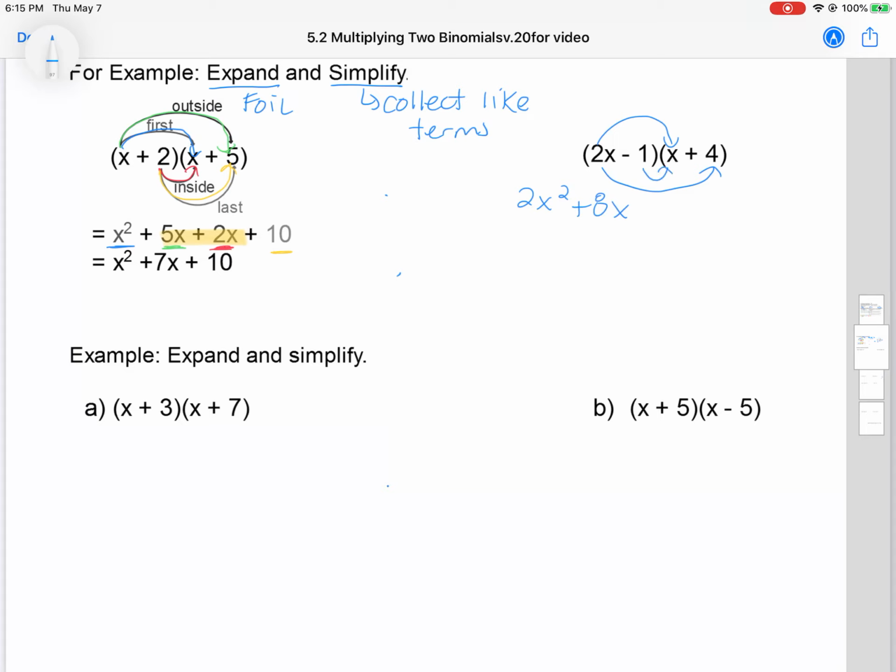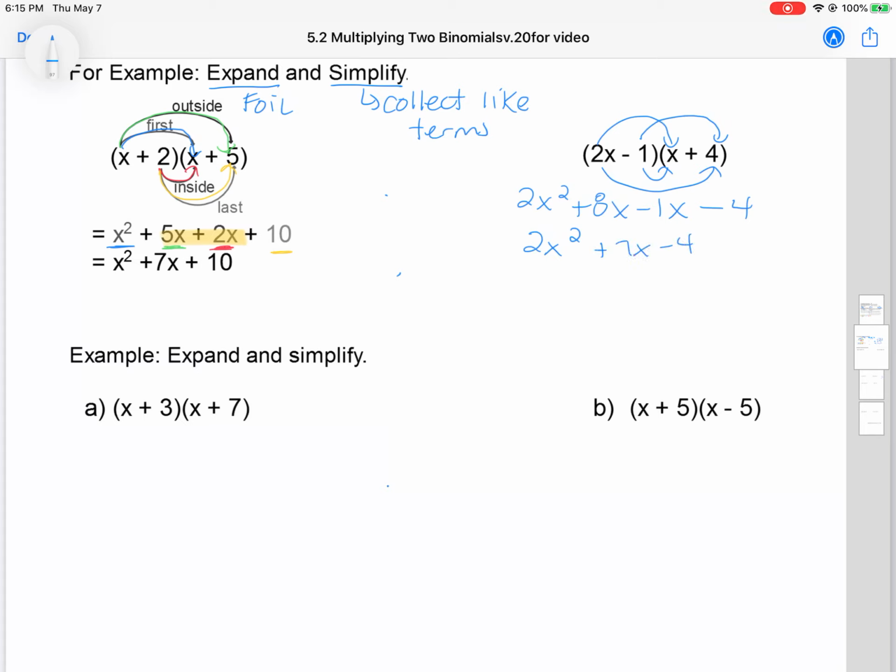So that's -1 times x. So I'm going to actually even write the -1 to emphasize that because it makes a difference. And then -1 times 4, which becomes -4. So then again, the middle two terms, you're going to have to collect. So now we're doing 8x minus 1x, which is +7x.